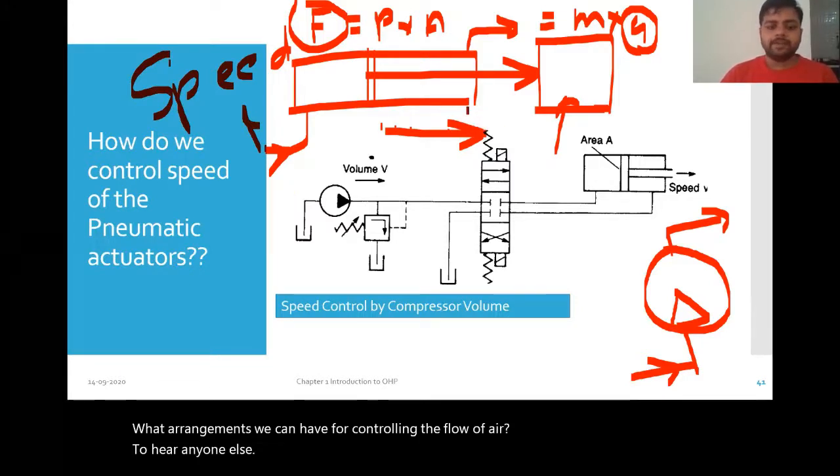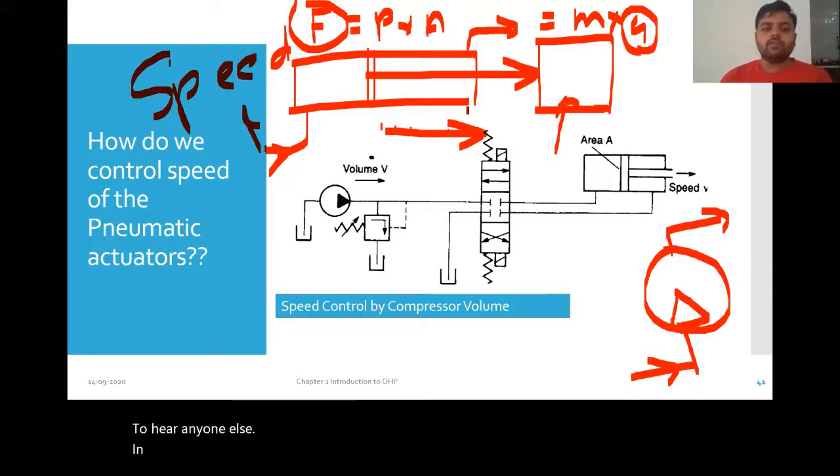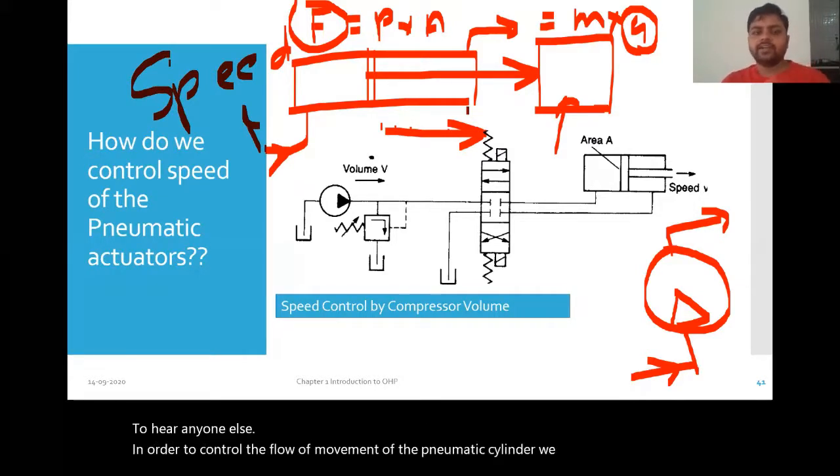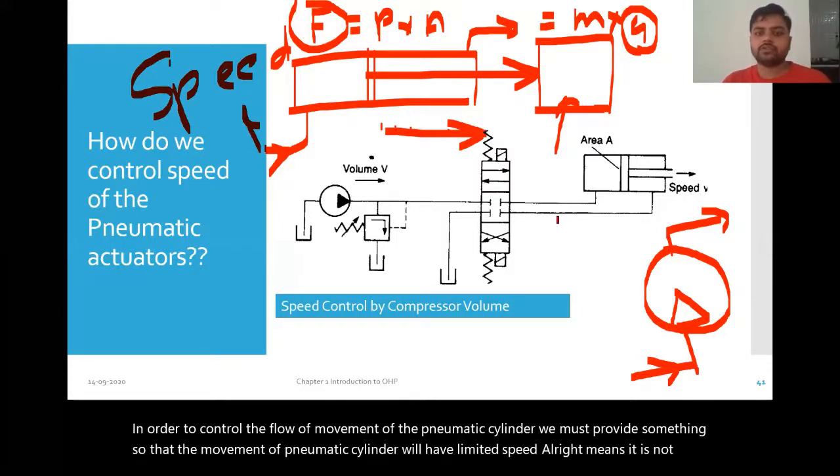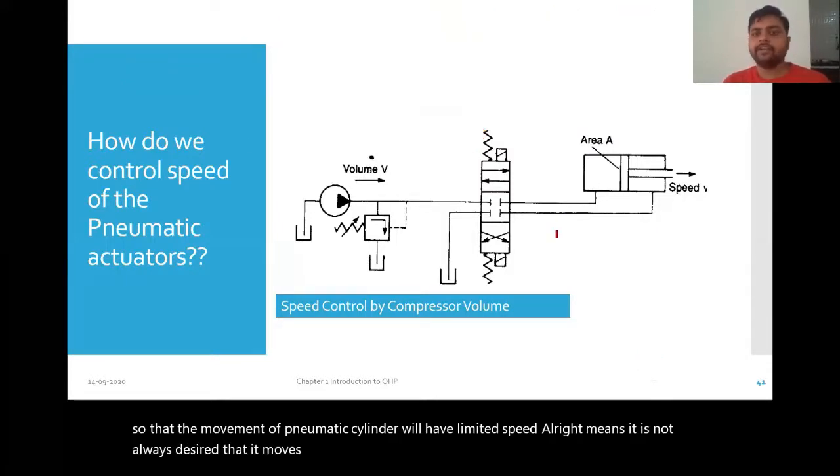See, in order to control the movement of the pneumatic cylinder, we must provide something so that the movement of the pneumatic cylinder will have a limited speed. It is not always desired that it moves very violently against any force. So in that situation we have different arrangements.